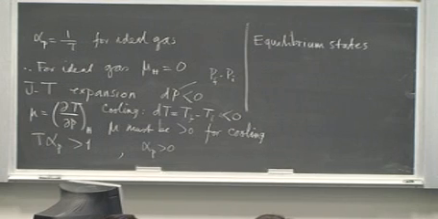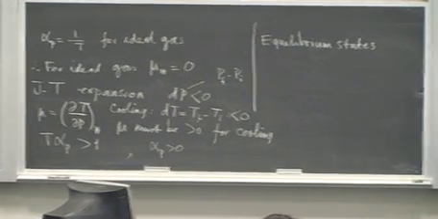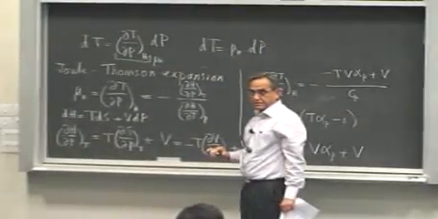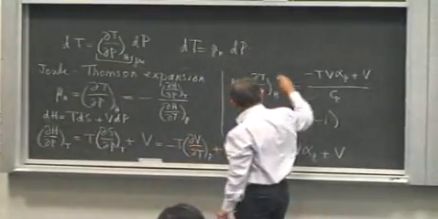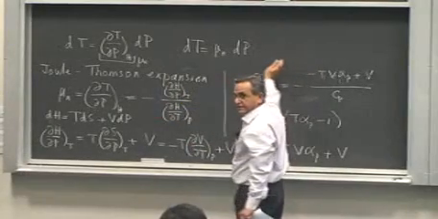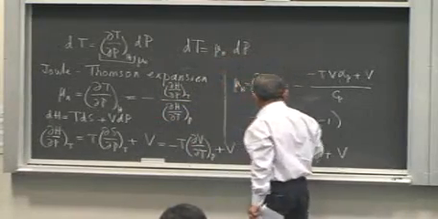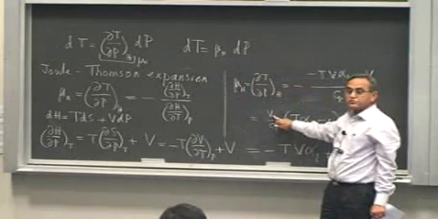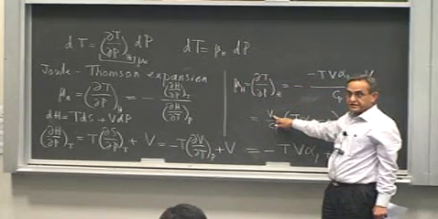You will integrate this equation. You will substitute for mu h into this equation, and you will integrate it. When you integrate, you will take all the T onto one side and all the P on the other side, and if you get V, then you will use some equation of state.